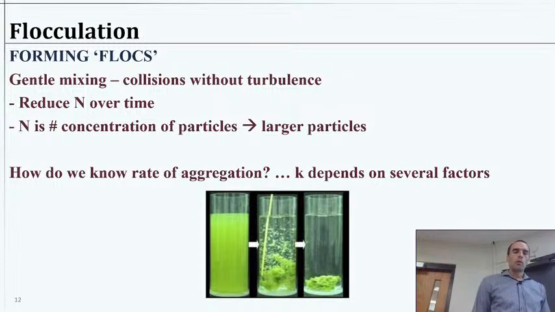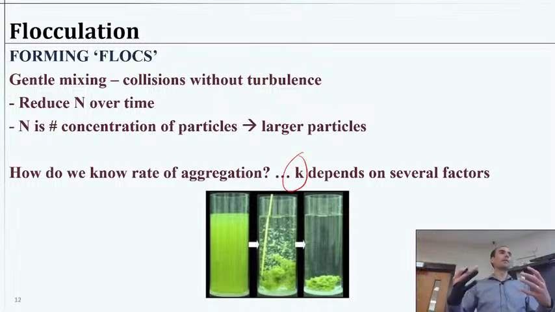Okay, so the question becomes, well, how do we know the rate at which they're sticking together and how can we approach that mathematically? So we're going to have some rate constant K, and there's going to be a few factors going into it. One is probably already obvious, that mixing condition. Another is going to be this coagulation stuff. Have we destabilized them appropriately?